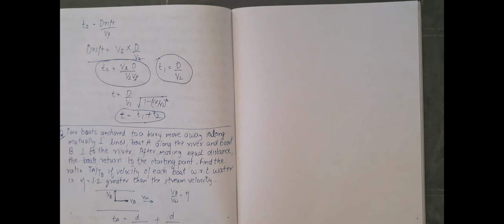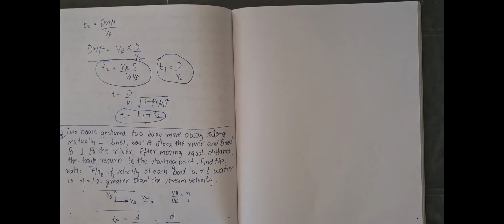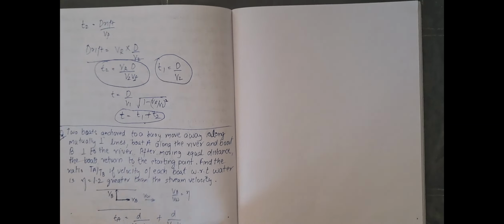Because downstream, the velocity of the boat and the velocity of the stream get added, because the boat is moving in the direction of water. And upstream, the boat is moving opposite to the direction of water, so the net velocity will be VB minus VW. So the total time for boat A to move a distance D downstream and then move back the same distance D upstream will be equal to downstream time plus upstream time.